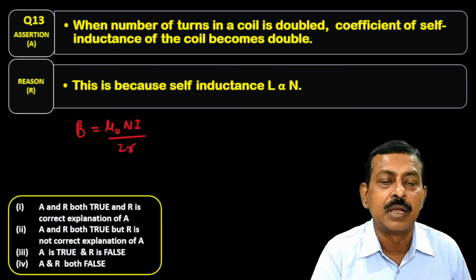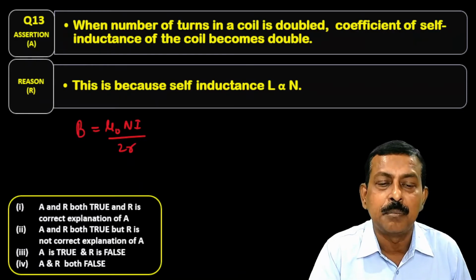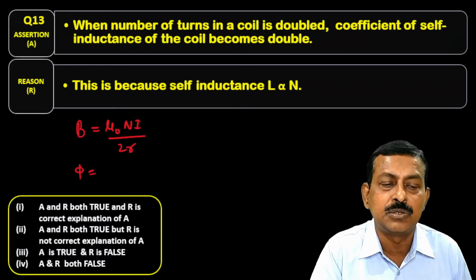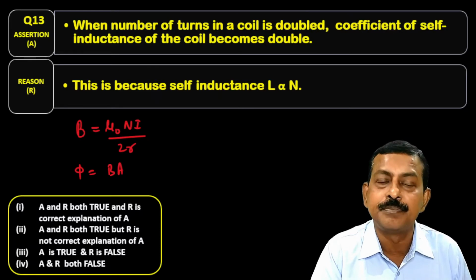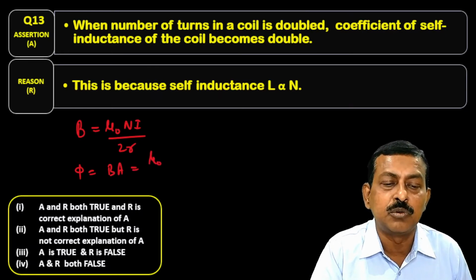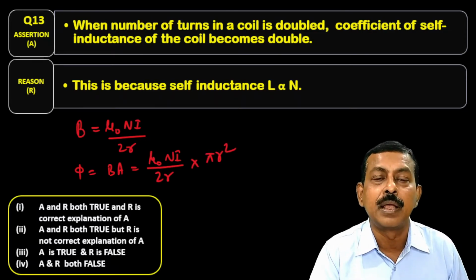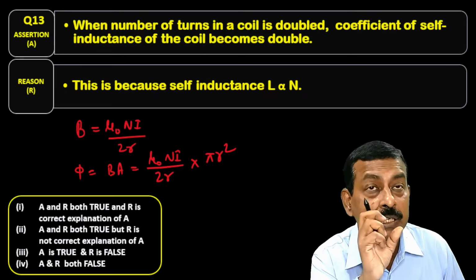For the magnetic flux, this will be equal to BA. That means it is mu naught N i by 2R into pi r square. This is the magnetic flux linked with one turn.